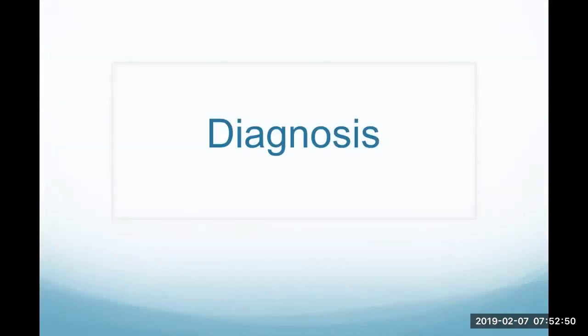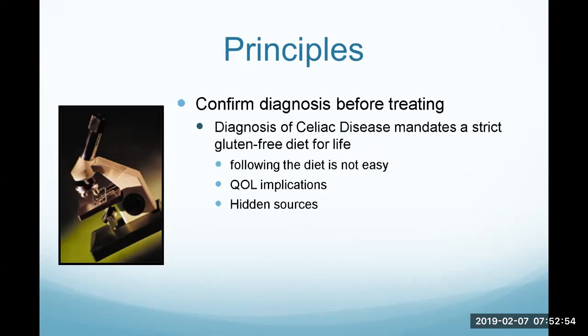So how do we diagnose these patients? The principles of diagnosis include that we have to confirm the diagnosis before we put the patients on a gluten-free diet, because the diet is not easy, and once you have a confirmed celiac disease patient, you cannot cheat.